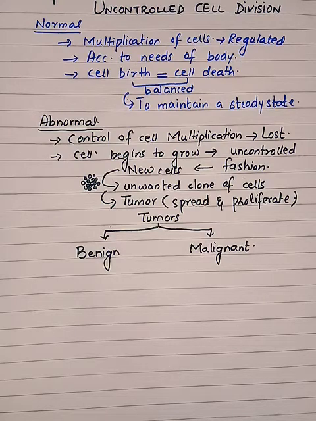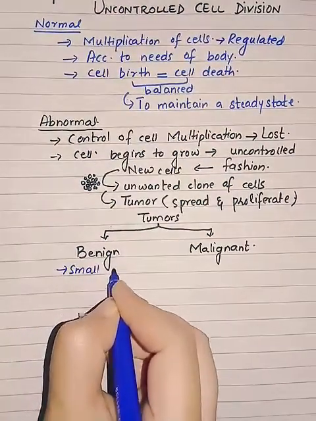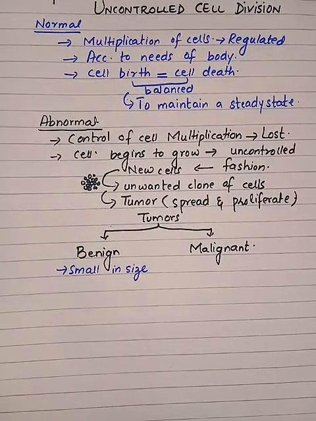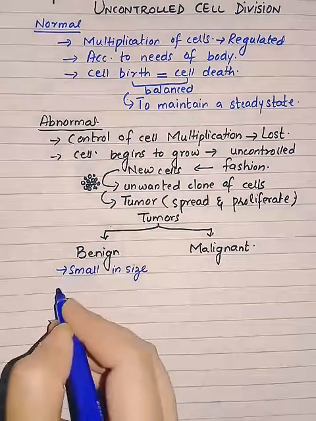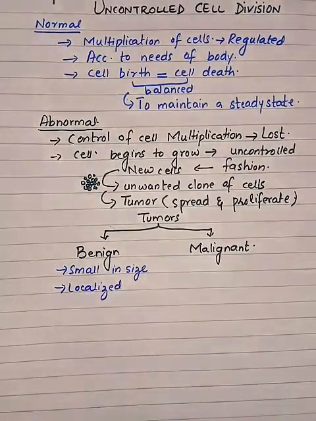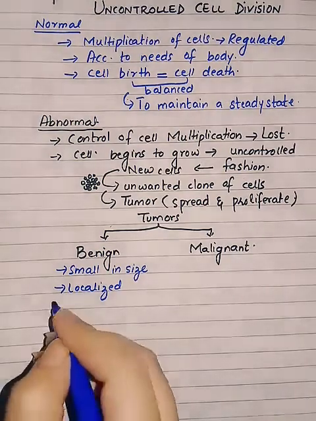These tumors are small in size and they have less ability to be transferred into other parts, which means they are localized at one point. They are generally not transferred to other parts of the body, and that is why they are known as benign tumors.